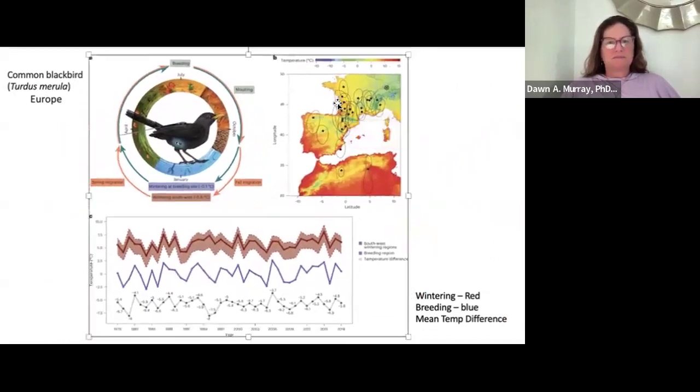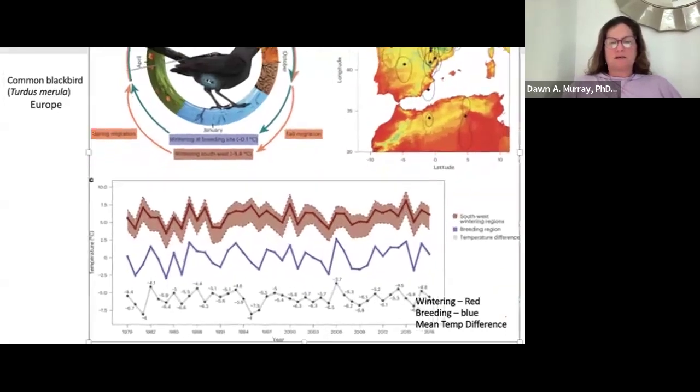Okay, this is the comparison of temperatures between the breeding sites and the wintering sites during winter specifically. So wintering is the red here. Breeding is the blue temperatures. And then this shows you the temperature difference here. So maybe I do need to make it bigger. There. So they did this from 1979 to 2018.